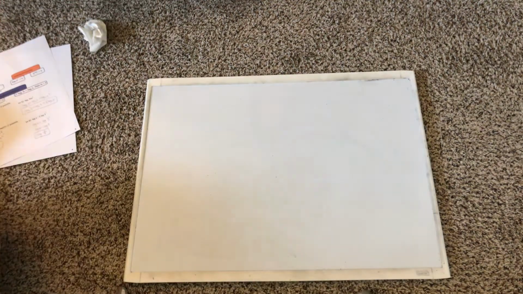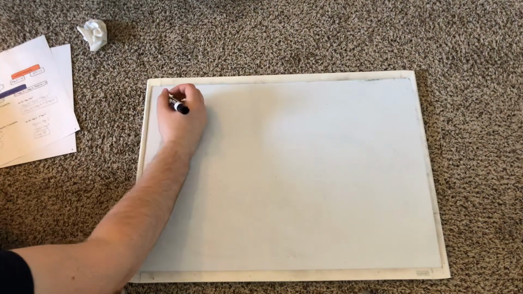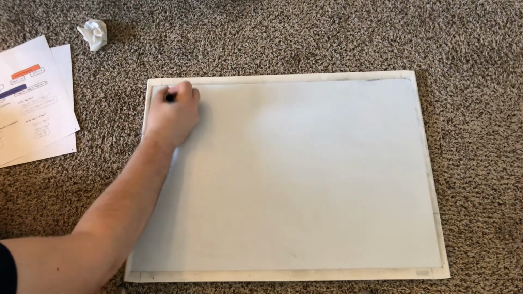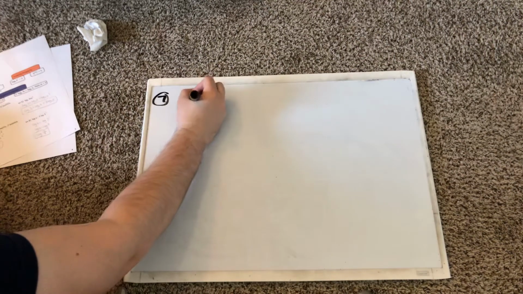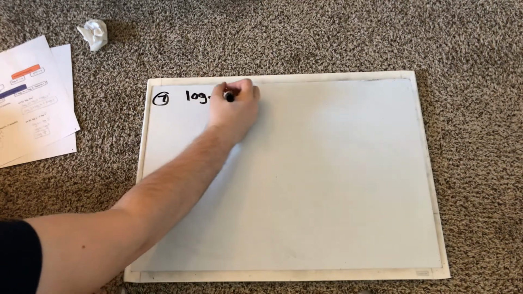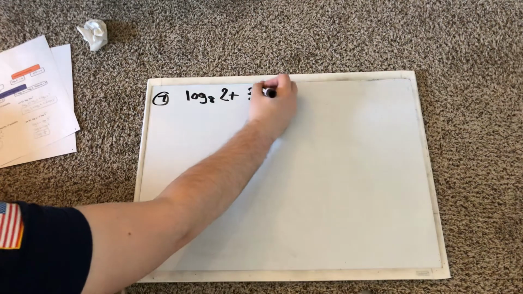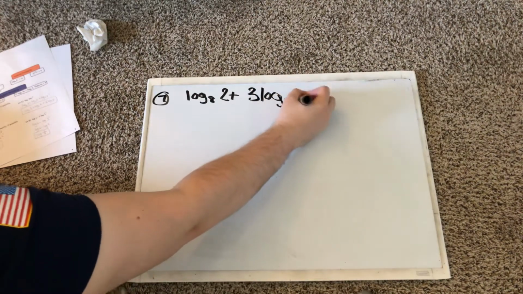All right, now if we want to condense, that is kind of my order of operations. I'm trying to get smaller, I'm trying to simplify it. So, number 7, I have log base 8 of 2 plus 3 log base 8 of x.